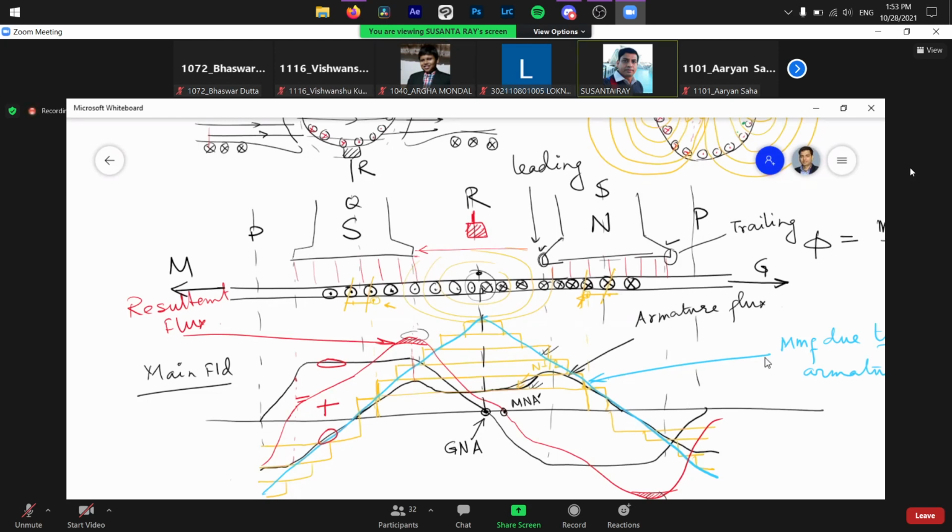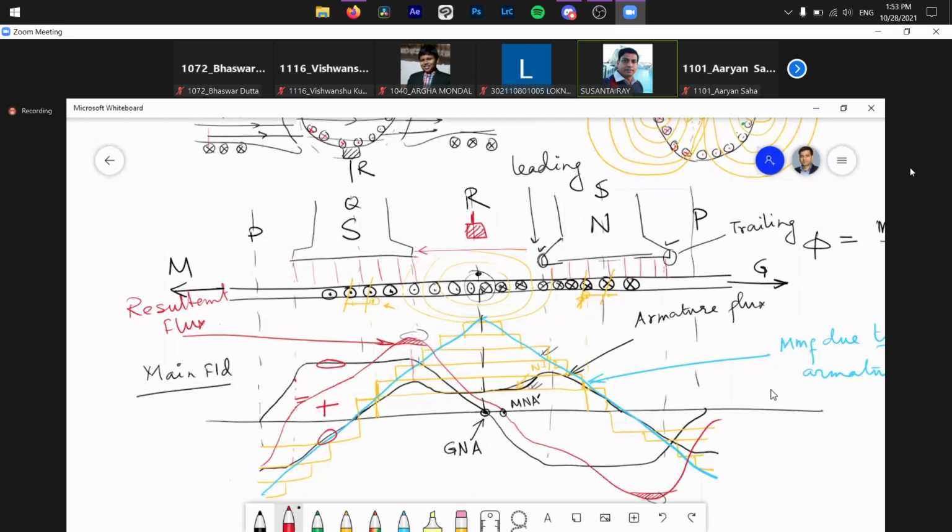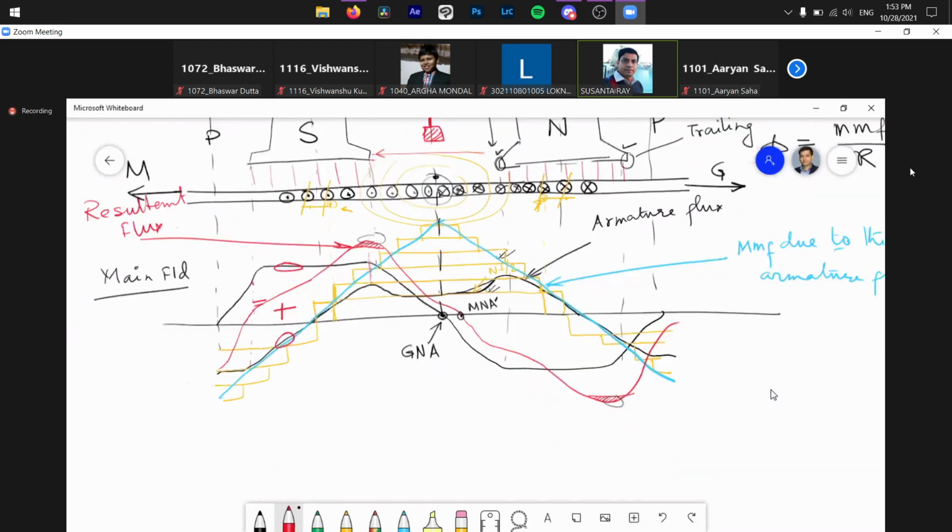Okay. Yes, sir. So that is the third point. The fourth point is, we have these two fluxes, so that means this is your armature field flux.